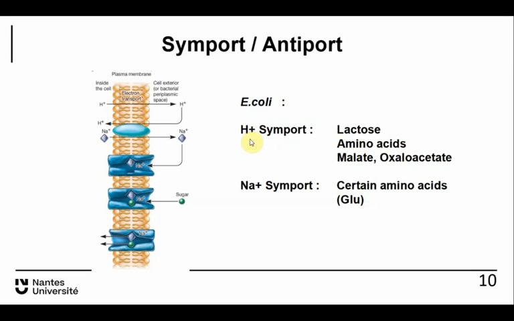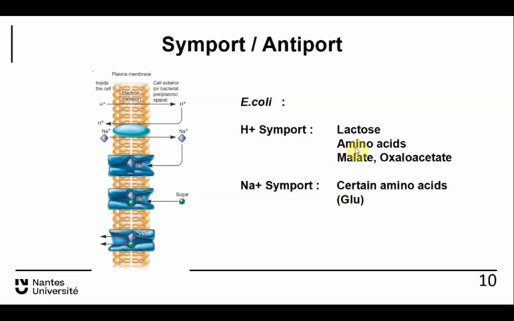So the proton is transported across the membrane at the same time as the solute. And as we saw, bacteria maintain a higher concentration of protons in the periplasm than in the cytoplasm. So the proton is moving down the concentration gradient. That's energetically favorable. And this is what pays for the import of the solute, whatever it is, which is going against the concentration gradient.